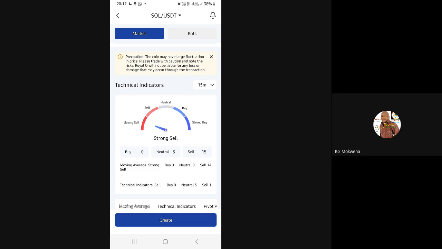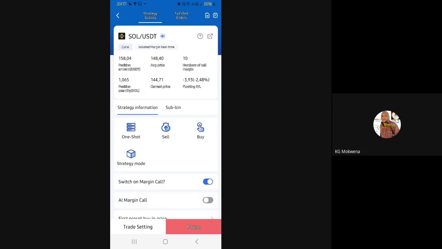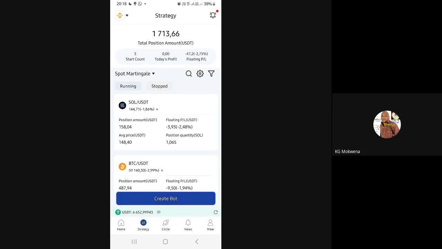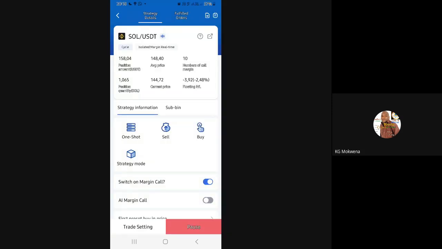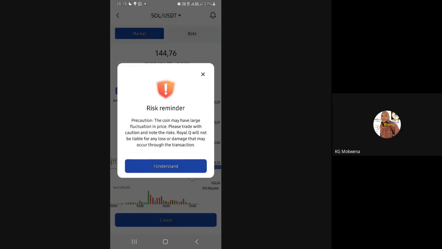So what we can also do is let's come out and then look at other market structures, for instance, other time intervals. Like for instance, let's look at what is happening under 4-hour time frame on the candlesticks, and then we look at daily time frame and see what is happening with this Solana, and that can help us.